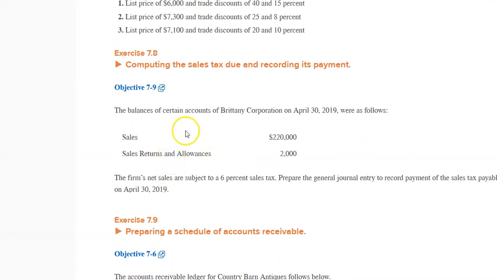Compute the sales tax due and record its payment. So there's the balance at the end of the month of our sales and our sales return and allowances. The net sales are subject to 6% tax. Prepare the journal entry and record the sales tax payable at the end of the month.